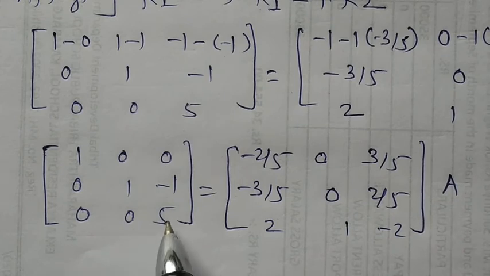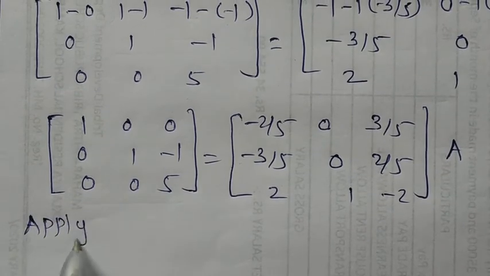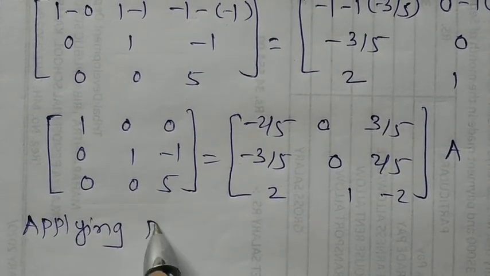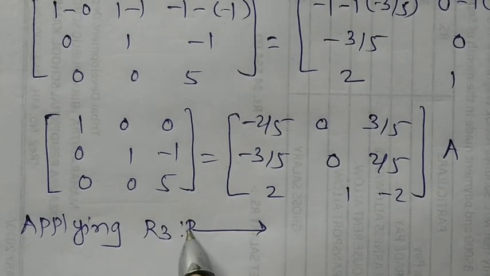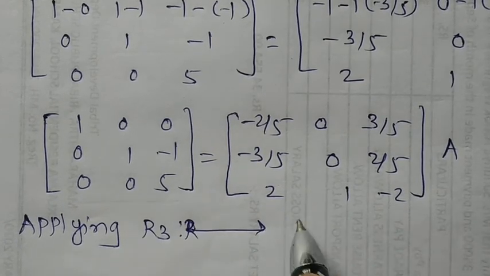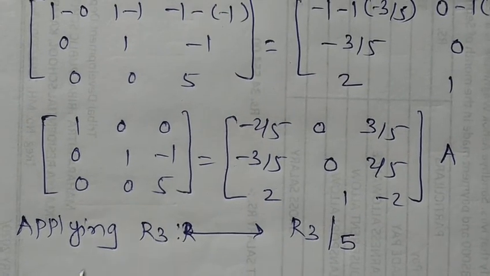Last step, step 5: convert this 5 to 1. Apply R3 as R3 divided by the same number 5, because this is the last term.